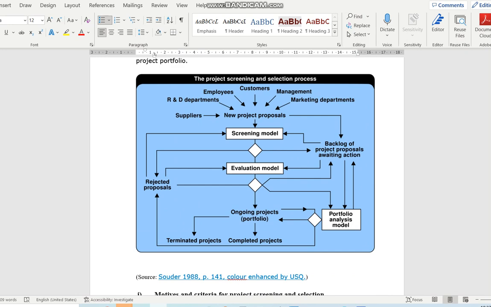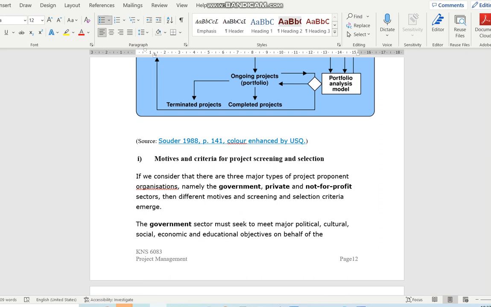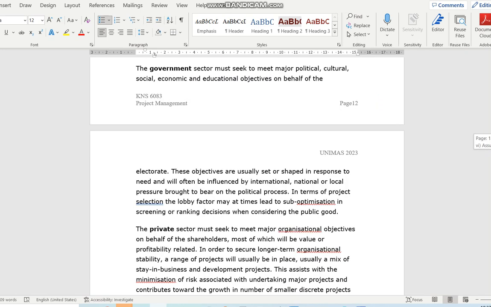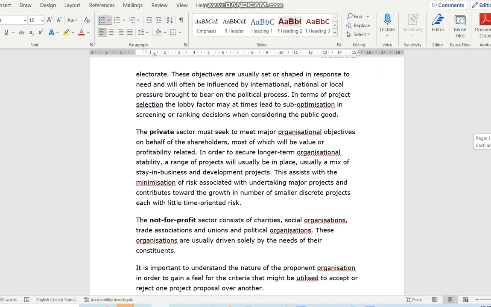When we screen projects or do selection, government sectors have their own considerations, private sectors have their own considerations, and NGOs or non-profit organizations like charities and social organizations are more driven by their needs. And in private sectors, we really cannot be fixed on one thing. Some could be very short-term, some very long-term, some a do-or-die, stay-in-business sort of thing.